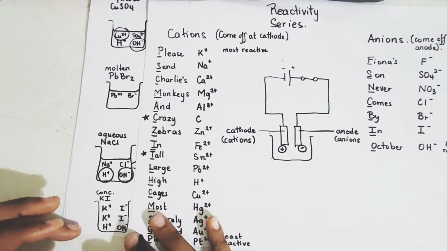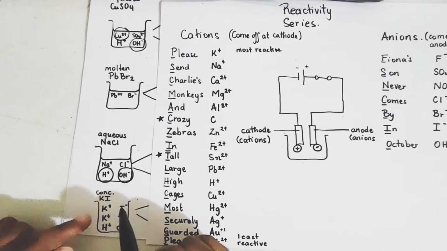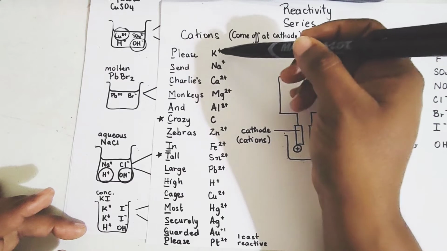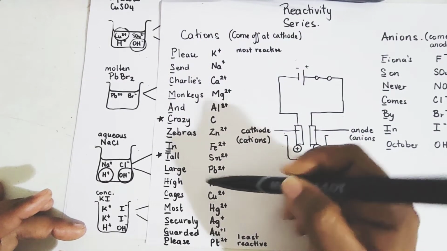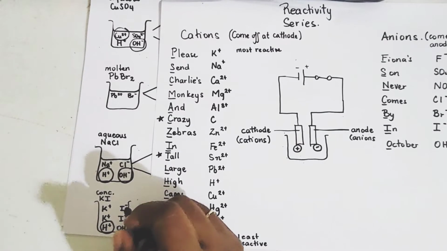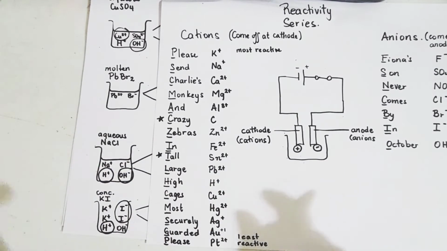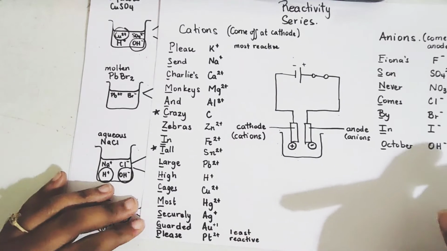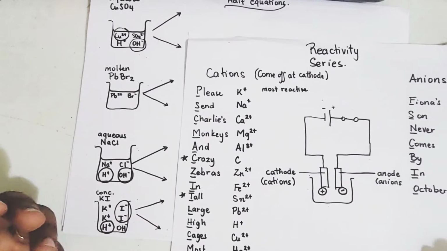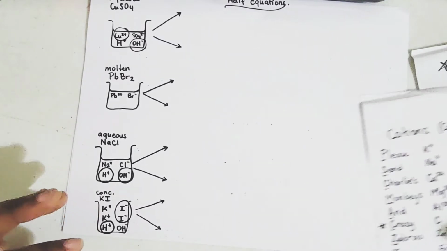And then for concentrated, usually what happens in this case, it affects the anion more than the cation, for some reason. So in this case, we know that potassium is at the top here, hydrogen is at the bottom, so we circle hydrogen. And because there are a lot more iodide ions than hydroxide, these are what is going to come off. You could actually do this. If I was in the lab right now, I would have done this. But I could do an electrochemistry series part 2 if I have time.